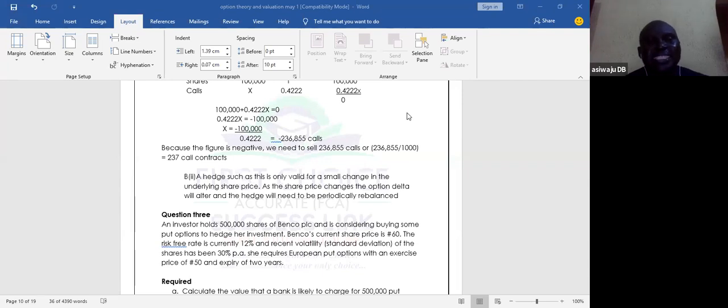Why is this hedge only suitable for small change in price? The position is that if there's a radical change in your stock price, the delta hedge will need to be constantly what? Rebalanced. Why? Because the variables used in computation, look at it, your interest rate is not sure that it's going to remain constant for the next 3 months.